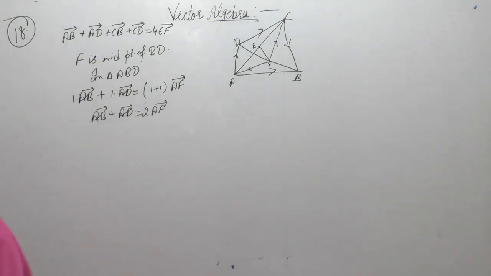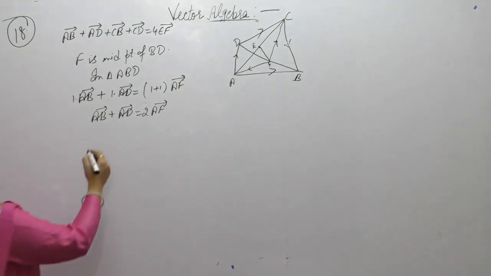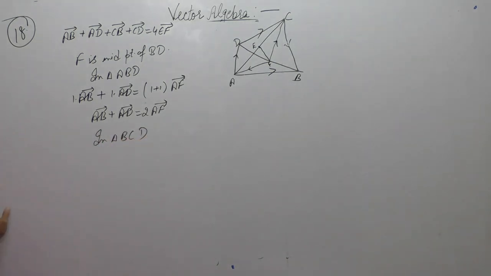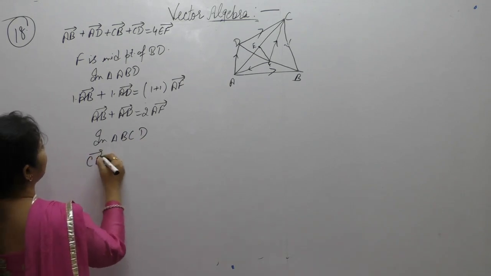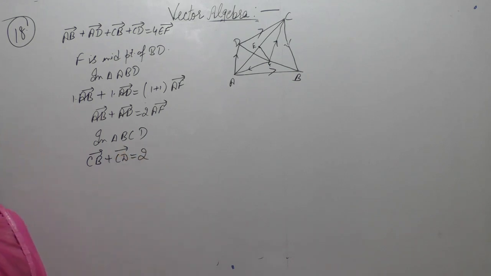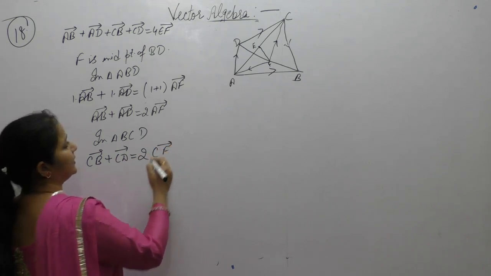Now, in triangle BCD, CB vector plus CD vector is equals to 2 times CF vector.